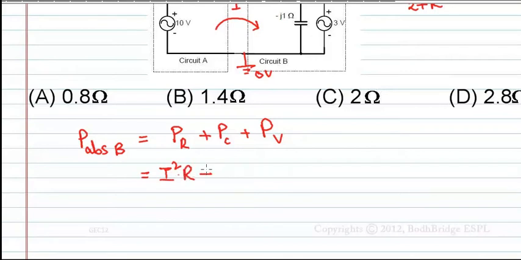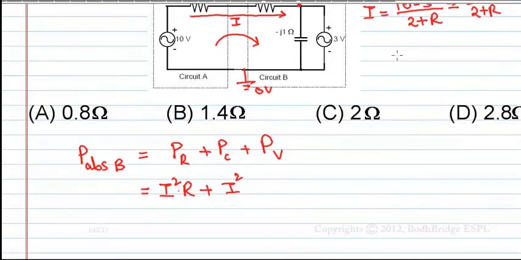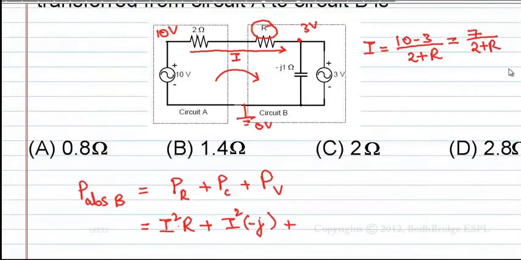And what is power absorbed by C? I square into Z, that is minus J omega, minus J into 1, that is minus J. Plus power absorbed by voltage source is V into I. Voltage is 3, into what is the current flowing here? I is coming here.